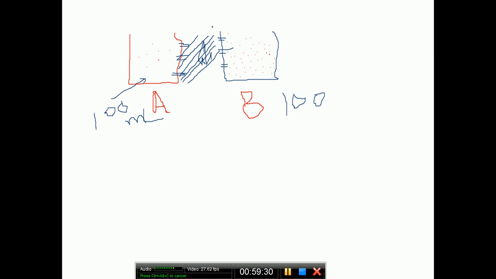So water will always move from the diluted to the concentrated solution. Remember that. In terms of solute, if we define osmosis, water will always move from dilute to concentrated solution. So in this case, water will move from A to B. Why?